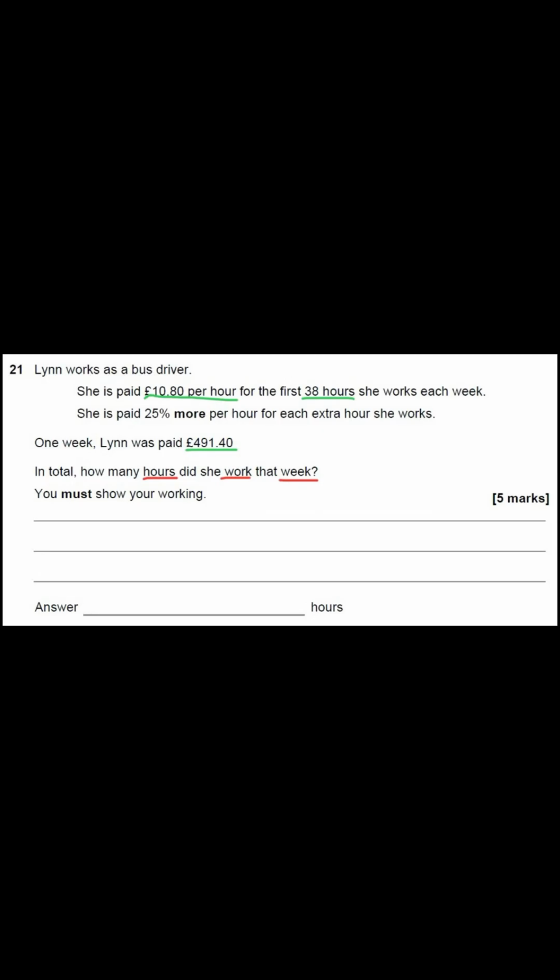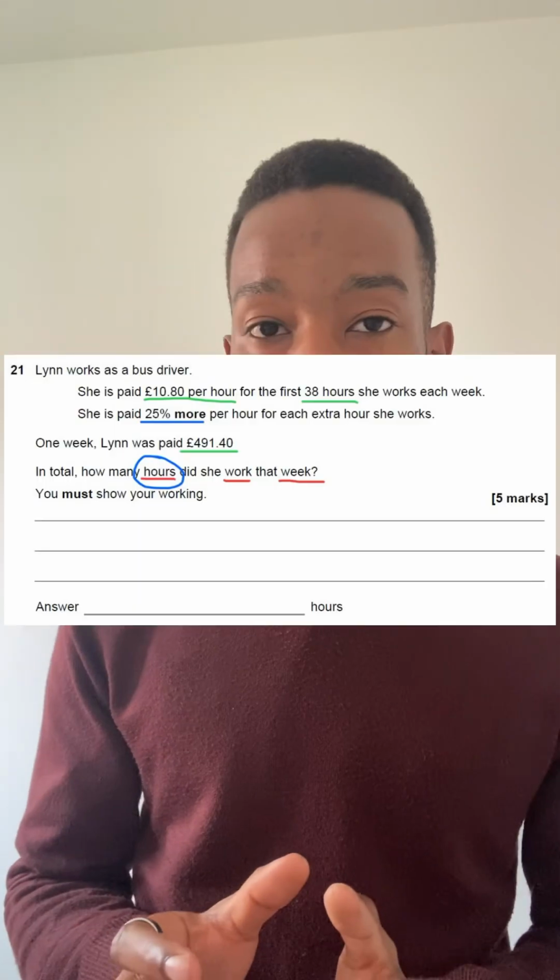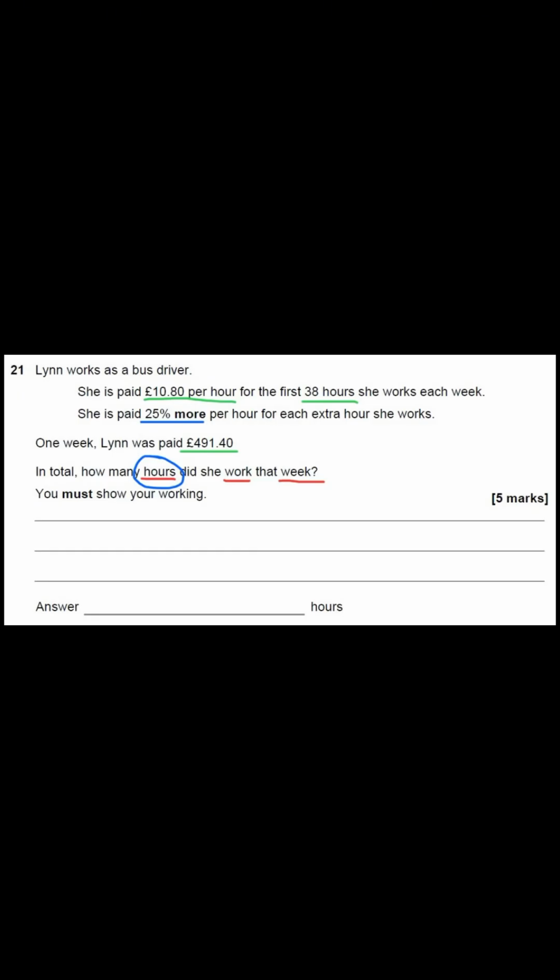And of course, we know that during the whole week, she was paid £491.40. Now, what do we not know? We don't know what 25% more than £10.80 is. And we don't know, of course, what the question is asking for, how many hours she worked that week, which is what we're looking for.